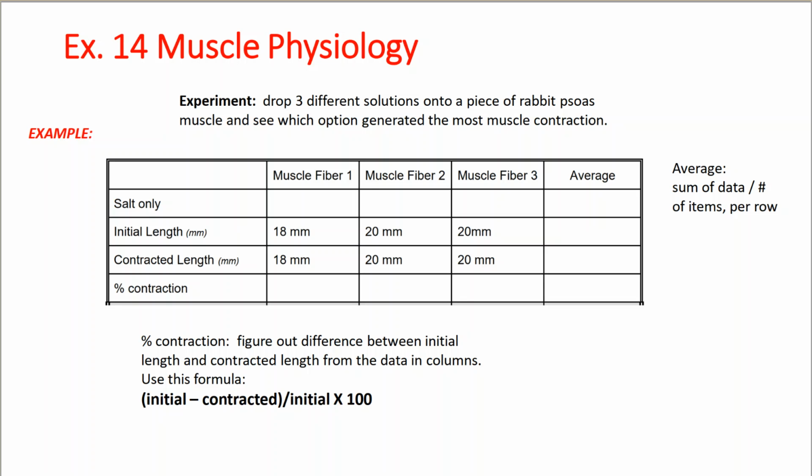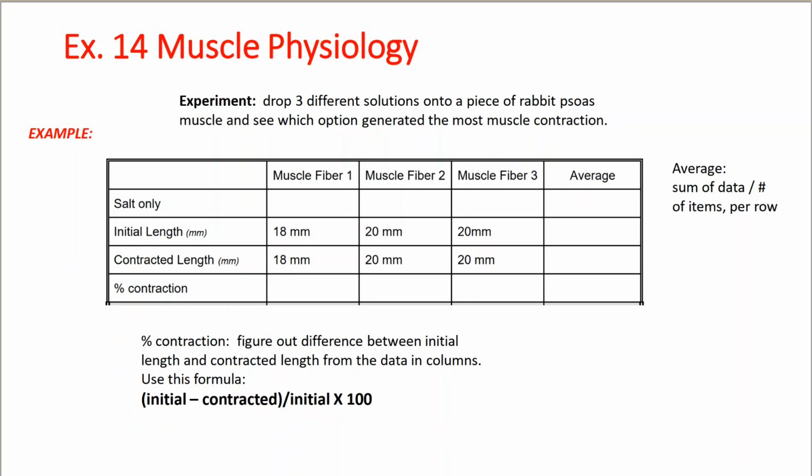And I've just kind of highlighted for you here how you find the percent contraction. And so you take the initial length minus the contracted length, and then you divide that by the initial length again, and you times the whole thing by 100, and then you get a percent contraction. So that's what I want you to do.